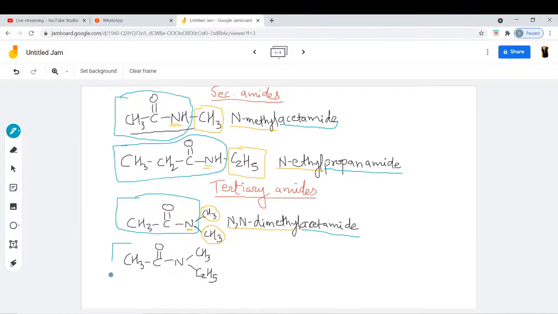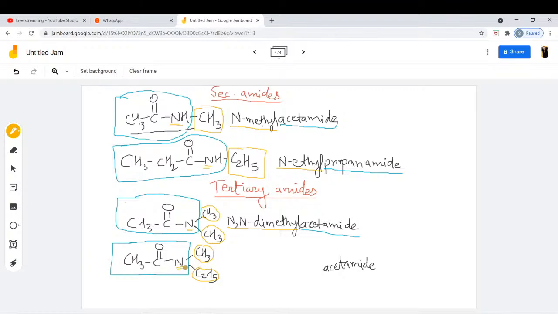See here, this is also a 2-carbon containing amide, which we call acetamide, the blue colored structure. So here I am writing acetamide. And after that, see here on this nitrogen, a methyl group is there and an ethyl group is also there.